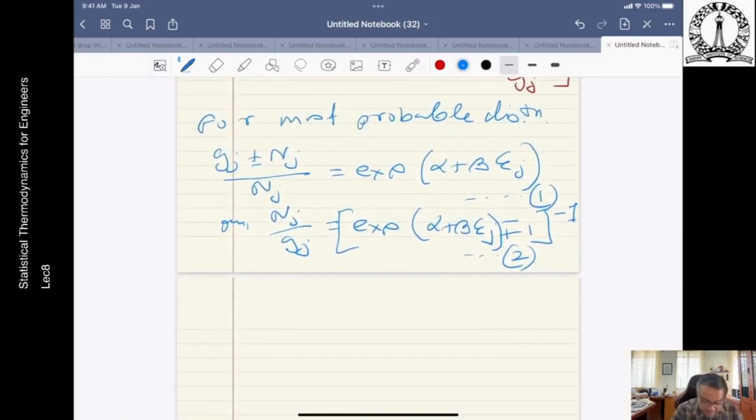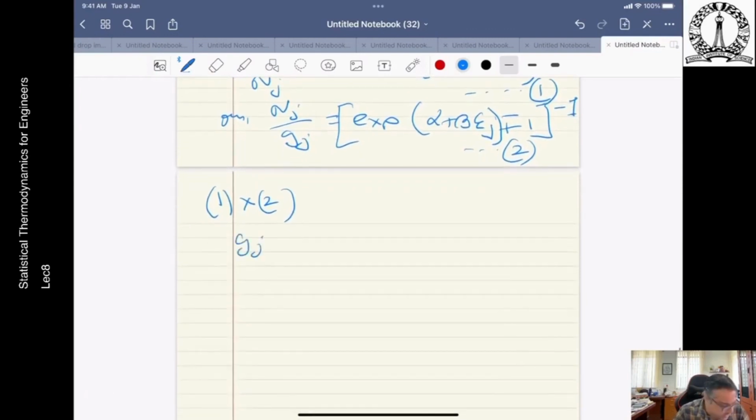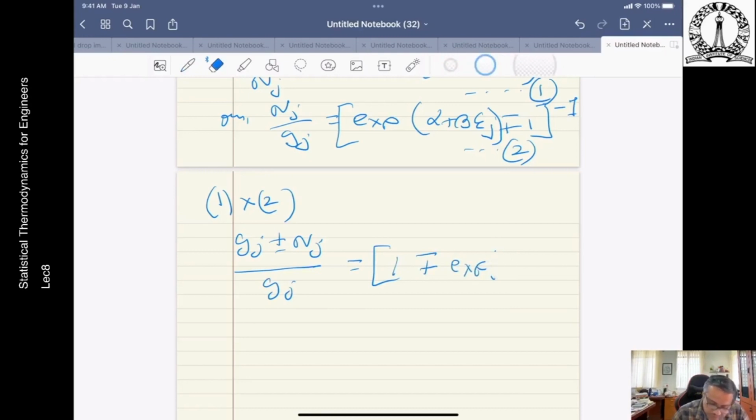If you multiply 1 by 2, you get (Gj ± Nj) divided by Gj is equal to 1 ∓ exponential of (minus alpha minus beta Ej), raised to the power of minus 1. So this is basically your expression 3.